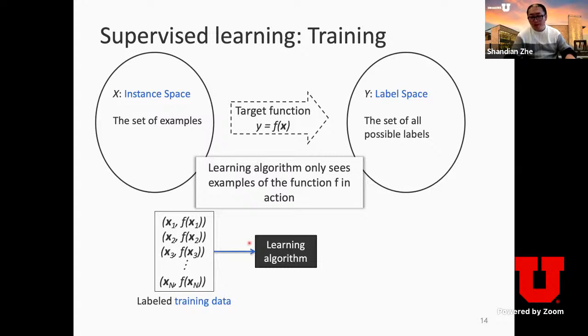And we expect that this training data set will guide our learning algorithm to search over the family of the functions, and then return the best one. The best one is called a learned function g, which is also a mapping from the instance space X to the label space Y.